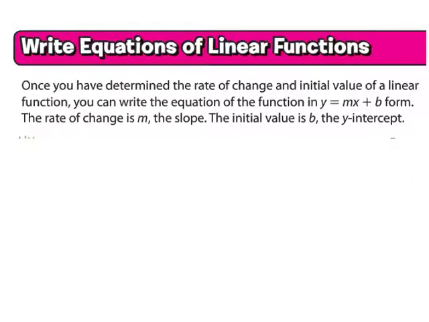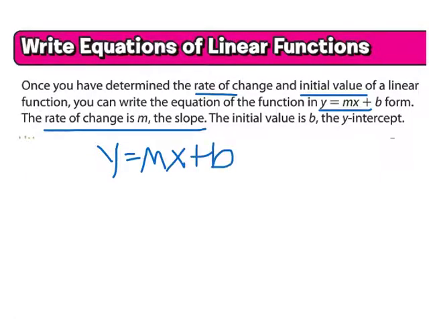When we're going to write an equation of a linear function, once you've determined the rate of change, which is also the slope, and the initial value, which is the y-intercept, you can write it in y equals mx plus b form. The rate of change is m, the slope, and the initial value is the y-intercept. So y equals mx plus b.